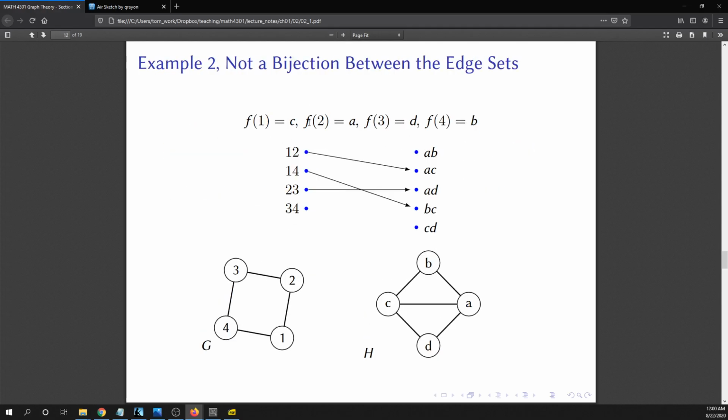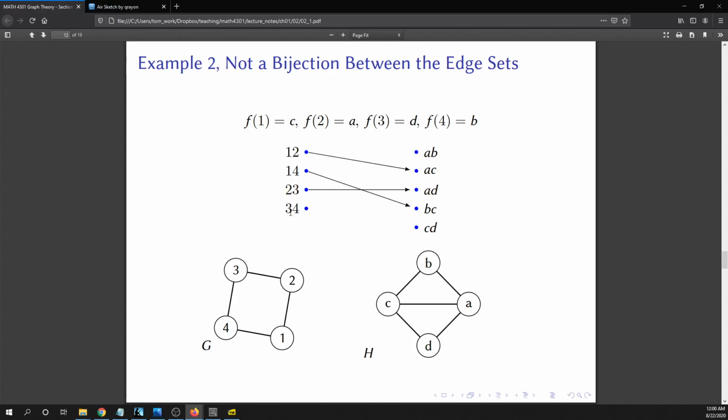So the edge 1, 2 would go to AC. So I draw a little arrow through there. The edge 1, 4, that would go to CB or BC, which is right here. The edge 2, 3, under the induced mapping, would go to AD, which is right here.